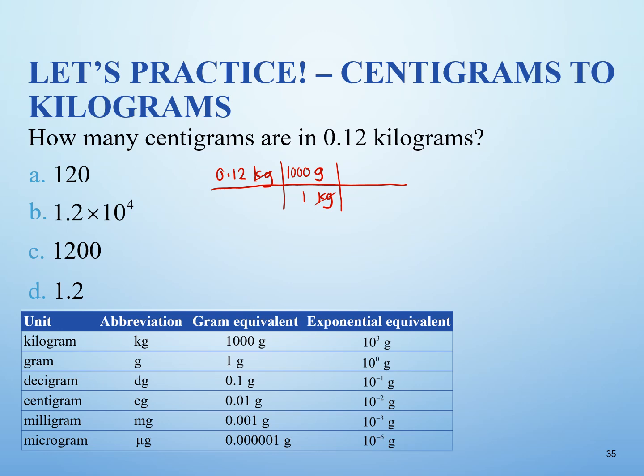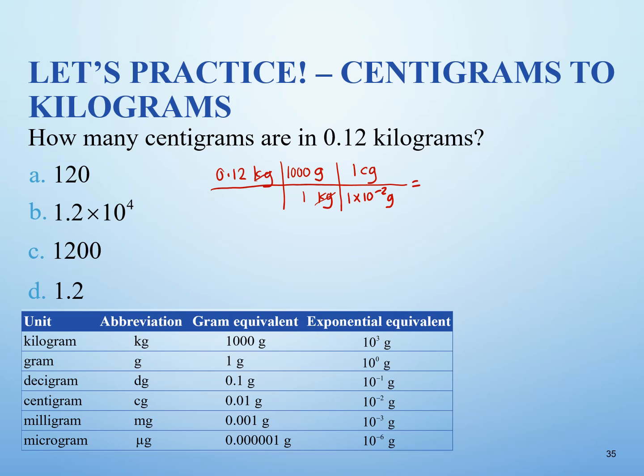So if you look here, centigrams is 10 to the minus 2. I like to write 1 times 10 to the minus 2 just in case you forgot there's actually just 1. We do 1 centigram is 1 times 10 to the minus 2 grams. Right there. Okay, if you put this in your calculator, if you put it in correctly, you should get your answer.